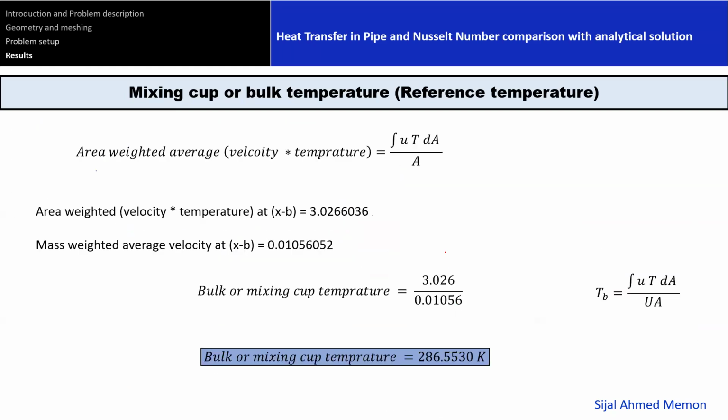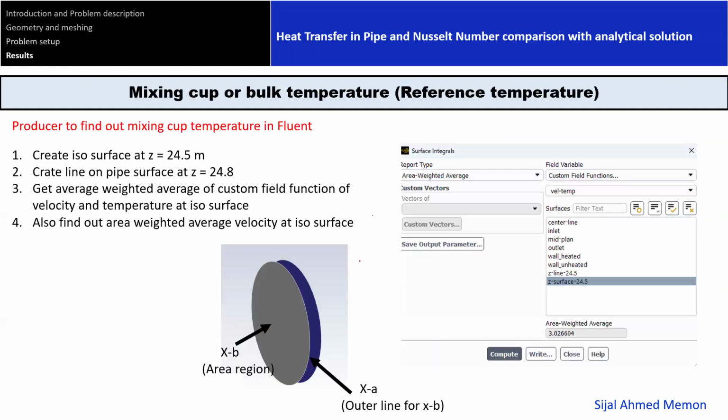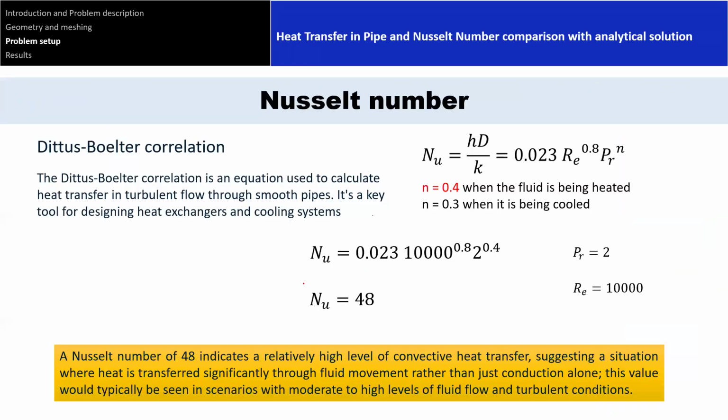From the heat transfer coefficient, the Nusselt number is equal to h times D, where D is 1, divided by k of the fluid, which in our case is 1.5. So we are getting a Nusselt number of 45.03. This is from CFD, and 48 is from the Dittus-Boelter correlation, the empirical formula.